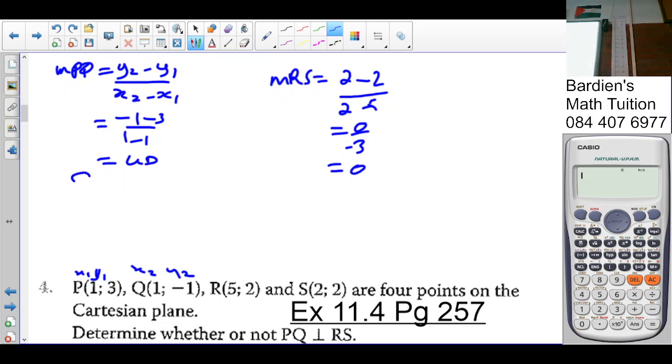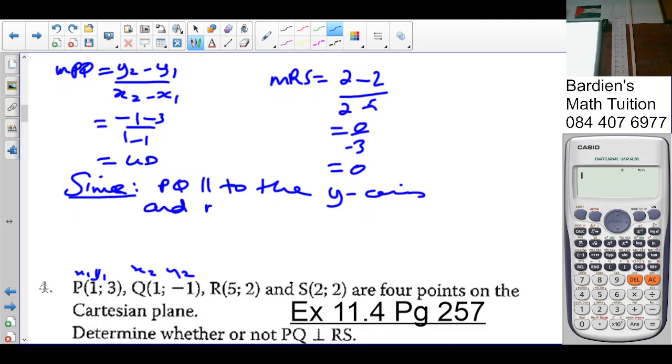So we say since PQ is parallel to the y-axis and the line RS is parallel to the x-axis, therefore RS is perpendicular to PQ. This is that special case, not so?